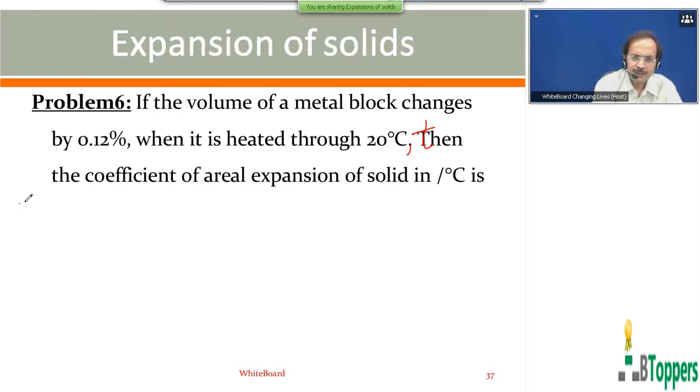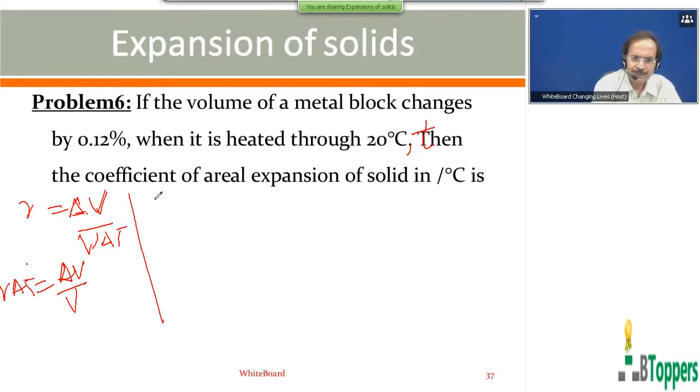So for the coefficient of volume expansion, you can write gamma is equal to delta V by V into delta T. So delta V by V can be written as gamma into delta T. So the percentage change in the volume can be written as actual change in the volume by original volume into 100%.